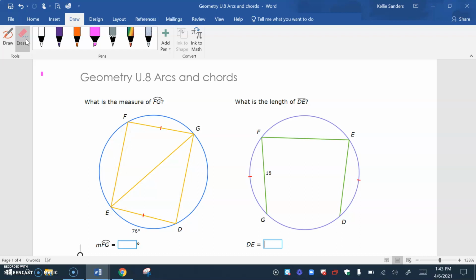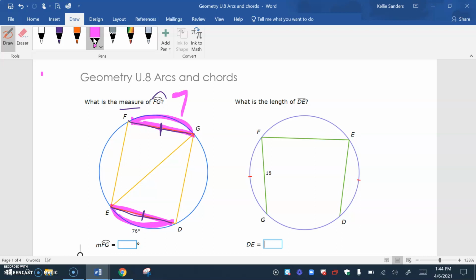Anyways, now, what is the measure of arc FG? Well, let's look at this. If FG and ED are congruent, and they are because they tell us that they are, and we have an arc right here that is 76 degrees wide, because it's congruent to this, then this is also going to be 76 degrees wide.